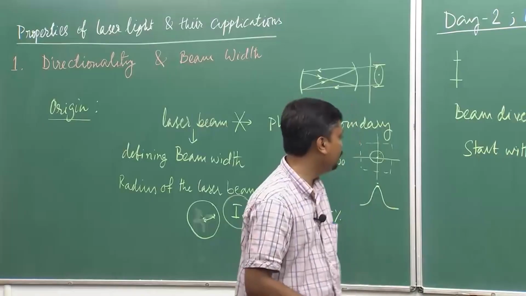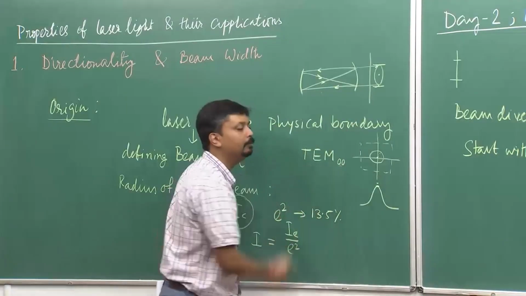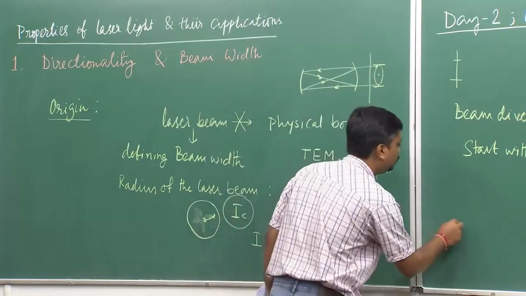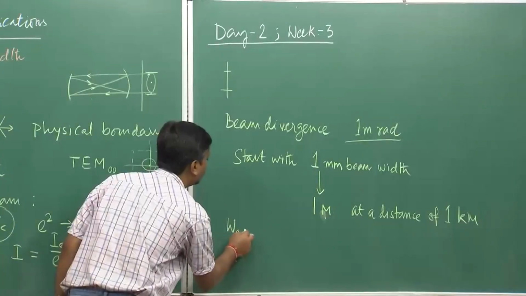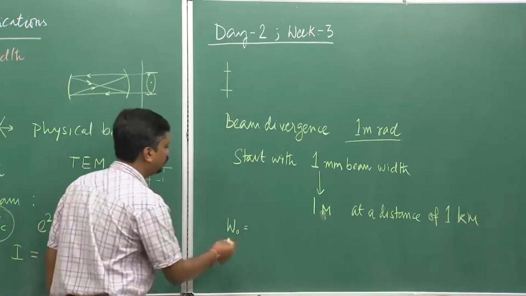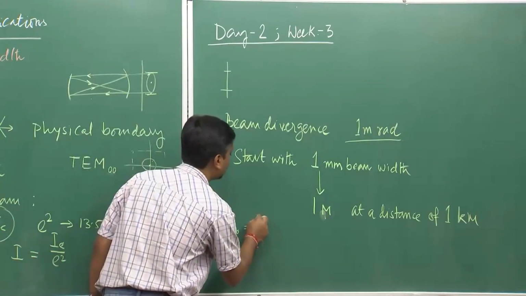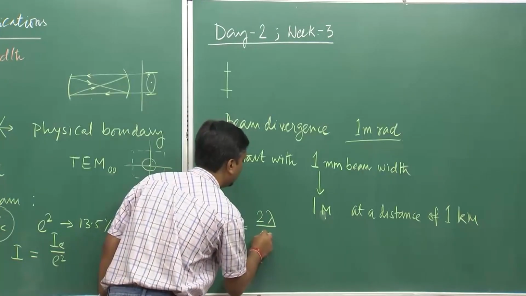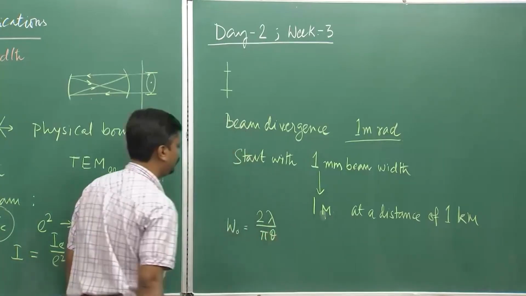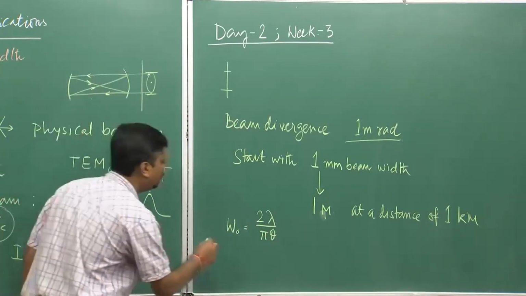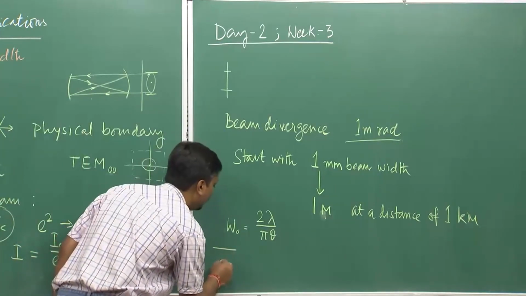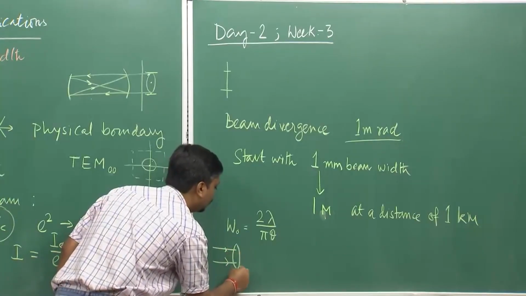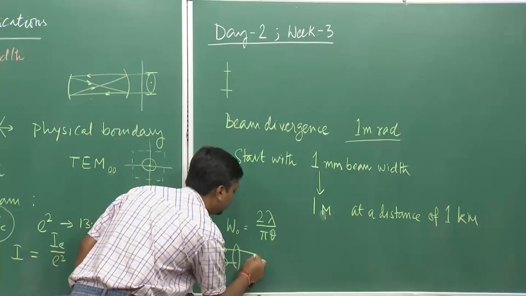So, for a beam with a TEM00 mode, we can have a spot dimension, say omega 0 or W0, as 2 lambda by pi theta. So, I am talking about focusing the beam. Essentially I have a parallel beam going, put a convergence optics, and focus it.